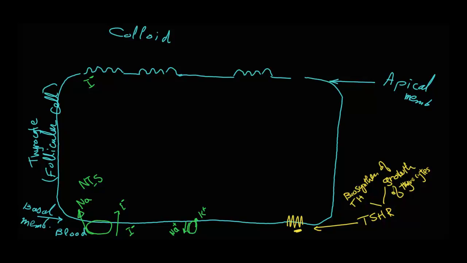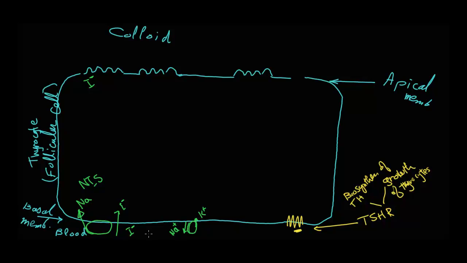So the sodium iodide Symporter, the NIS, transports iodide across the basal membrane, and it derives its energy from sodium-potassium ATPase. And it allows for a concentration of iodide about 30 to 40 times the concentration in the blood.